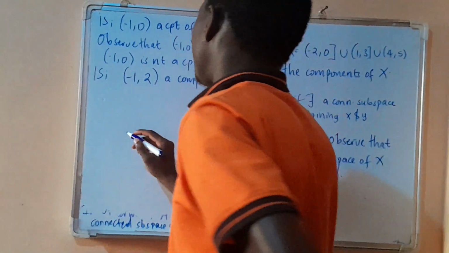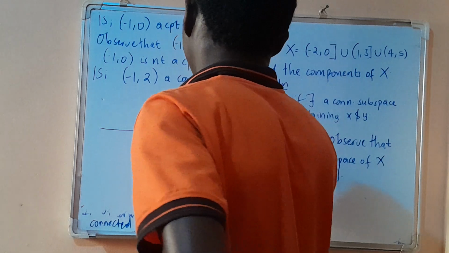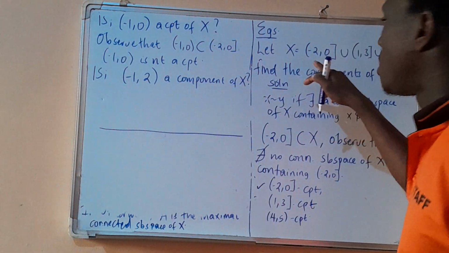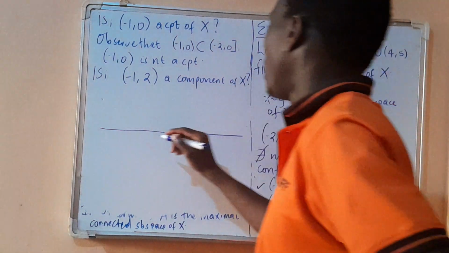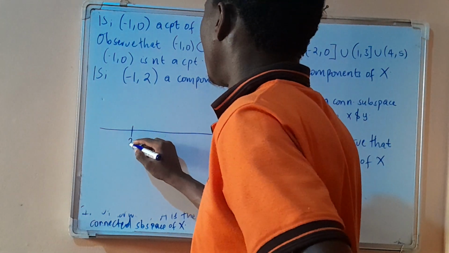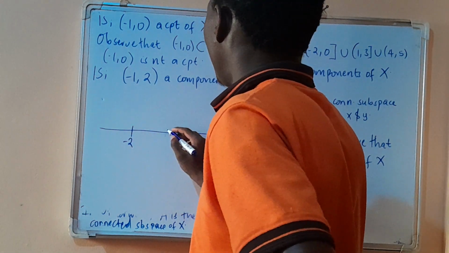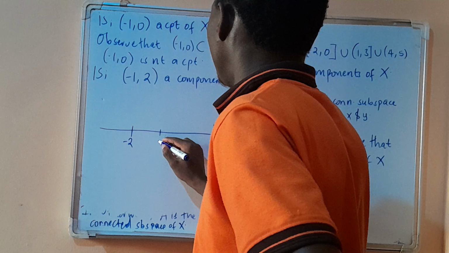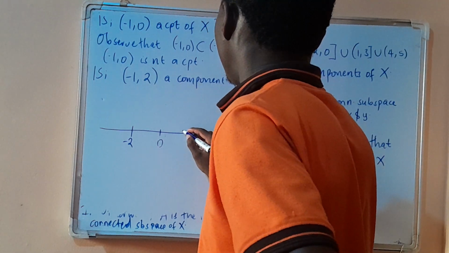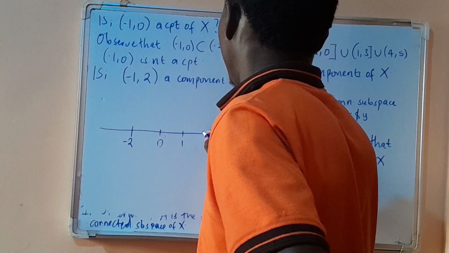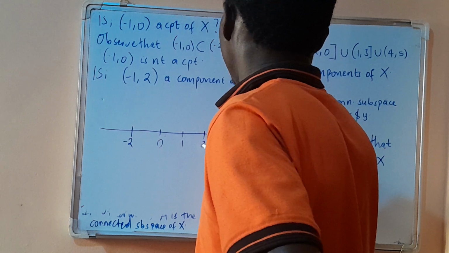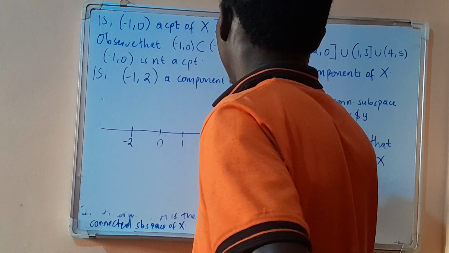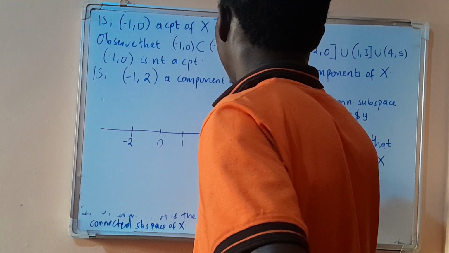We have X. X is defined in this way. We have -2, then we have 0, we have 1, we have 3, we have 4, we have 5.